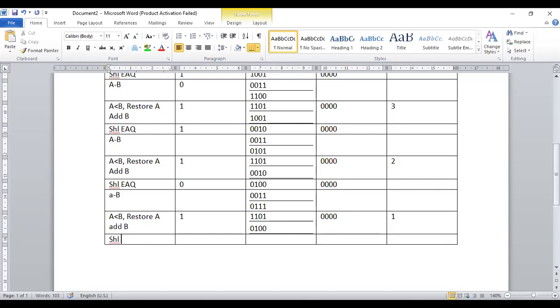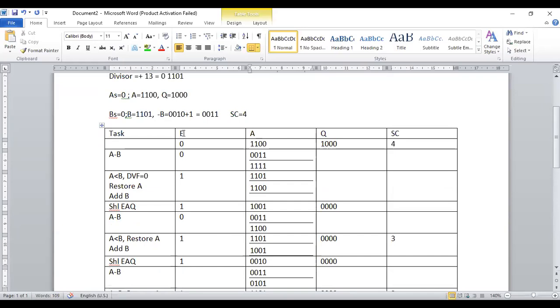Shift left EAQ. So 0, 1, 0, 0, 0, 0, 0, 0. A minus B. Minus B is 0, 0, 1, 1.